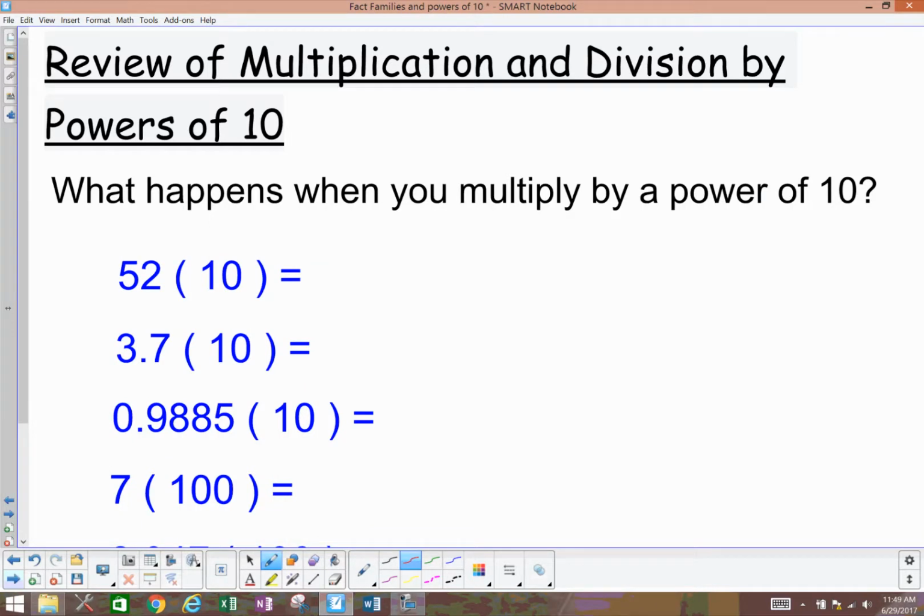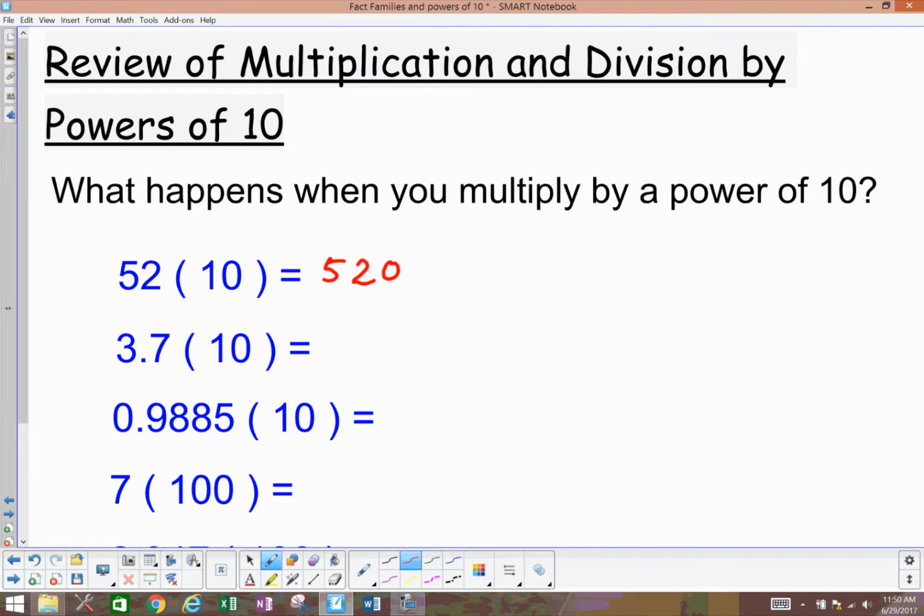So 52 times 10. I'm going to take the 52, the digits 5 and 2, and instead of having them in the tens place and the ones place, I am going to move them by one place value and have them in the hundreds place and the tens place, leaving a 0 in the ones place.